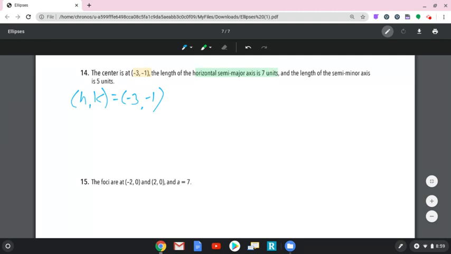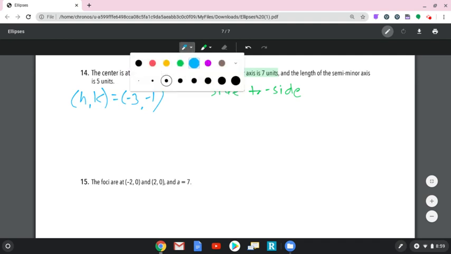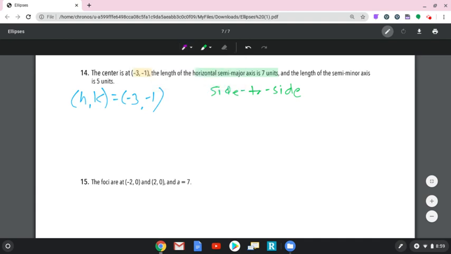Horizontal means we have a side to side ellipse. Now, when it says semi-major, that means half my major axis. Semi represents half. If we have a major axis, we said our major axis equals 2a.